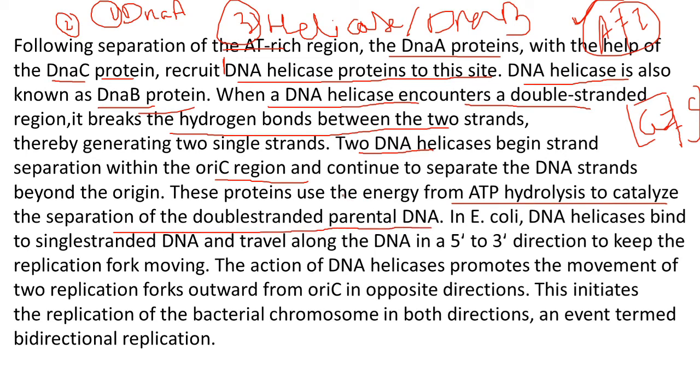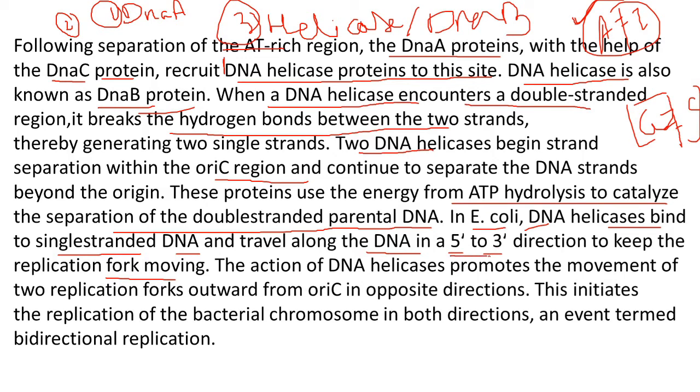Parental DNA, you guys can remember, I marked the double strand before. What is parental DNA? What is offspring? In E. coli, that is Escherichia coli, DNA helicase binds to single-stranded DNA and travels along the DNA in 5' to 3' direction to keep the replication moving.